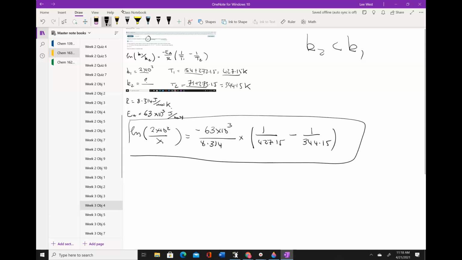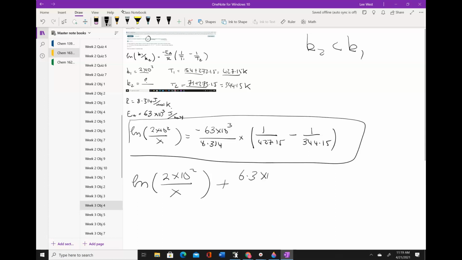I'm going to do a weird thing. I'm going to reorganize it so it equals 0. So all I'm going to do is subtract that term, that minus 63 by 10 to the 3 on 8.314 times all of that thing. I'm just going to subtract that from both sides.